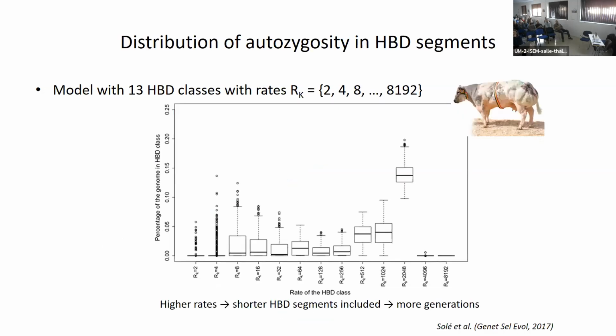Now with that, we fit a model with 13 classes that are indicated above. And so as before, we have the recent inbreeding here and the very ancient inbreeding there. After the bottleneck, we can say that some inbreeding has been generated in the classes 8 to 32. And also that we have no recent inbreeding in the classes 2 or 4, with some outliers.